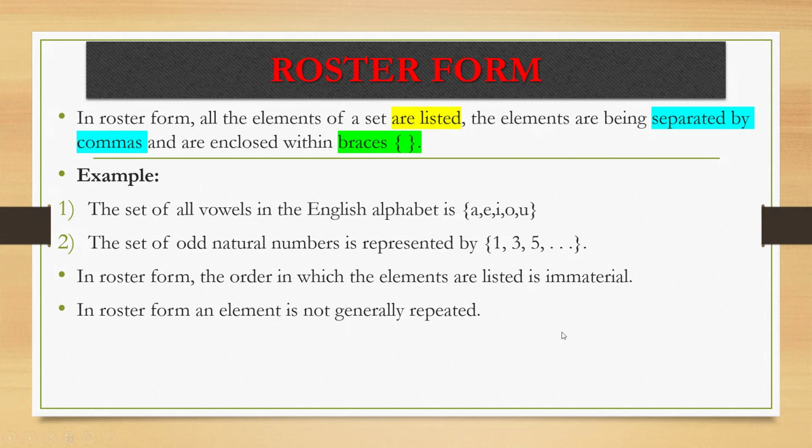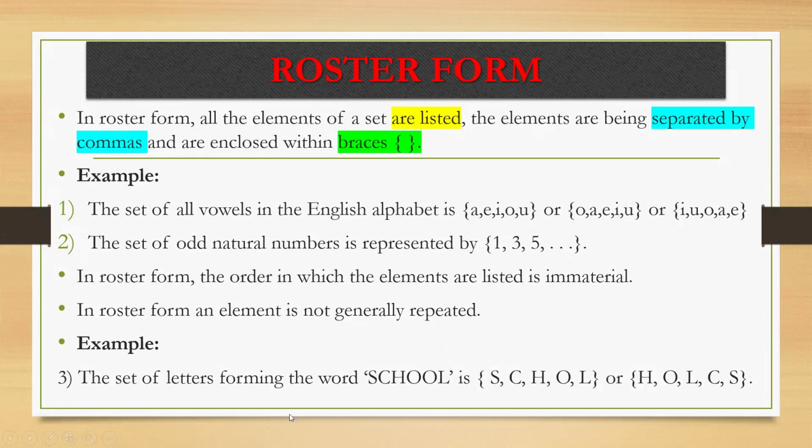Let me give an example for this. I'm writing a set which consists of those letters which constitute the word school. So what are the letters? S, C, H, O, L. Here, if I'm writing the letters in this word as a set, then O is coming two times, right?